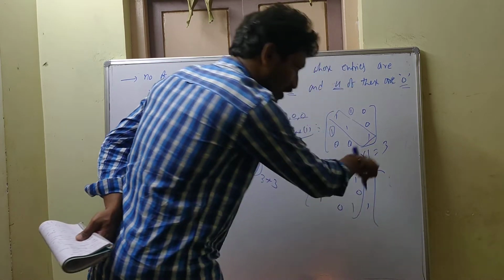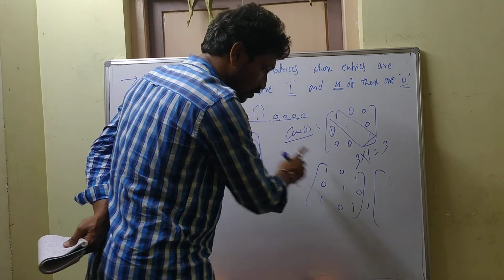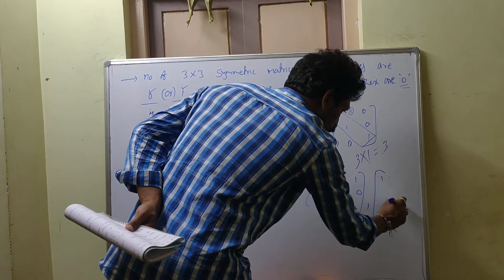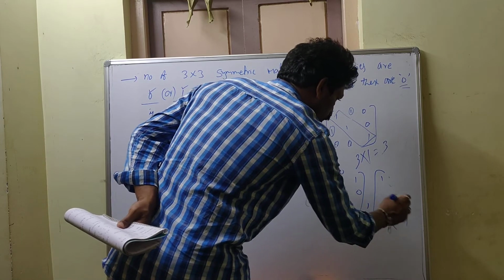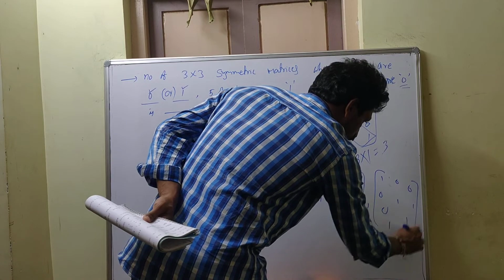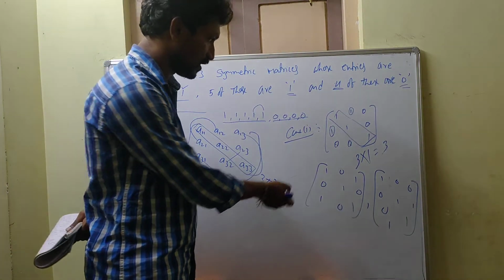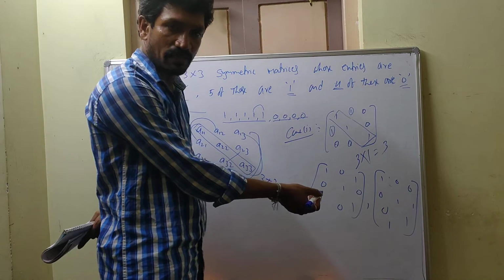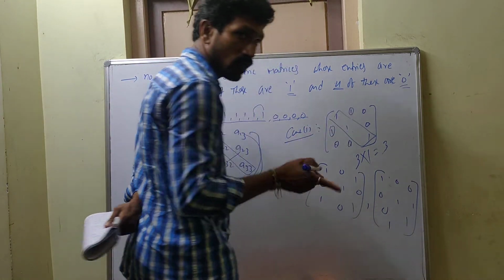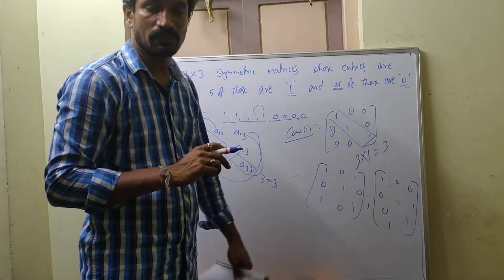For the third matrix, 1, 1, 1, and if I fill here with 1, here zeros, here also zeros. These are the 3 possibilities, different symmetric matrices. These are the only 3 symmetric matrices whenever you fill ones in the principal diagonal positions.